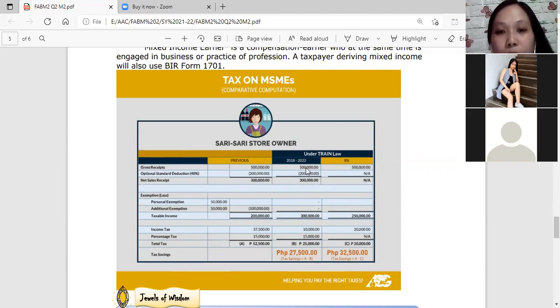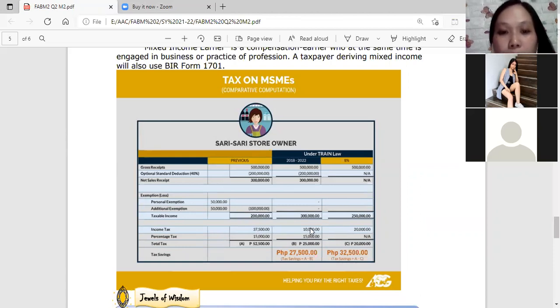The 40% of 500,000 is 200,000. So you get a net receipt of 300,000. And then the taxable income will be 300,000. Income tax will be 10,000. Percentage tax of 15,000. So you will be asked to give two kinds of tax.